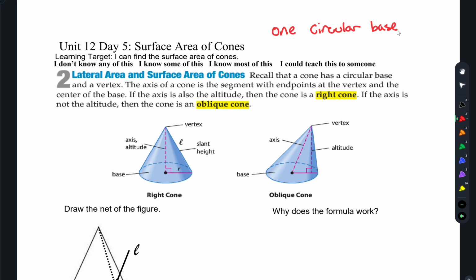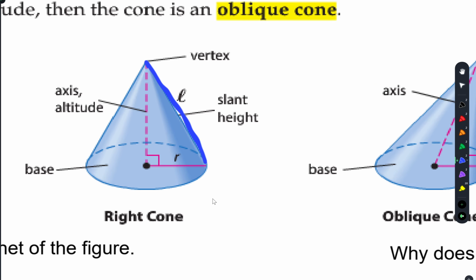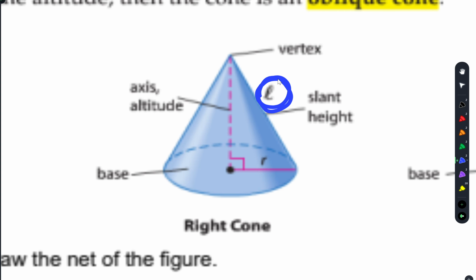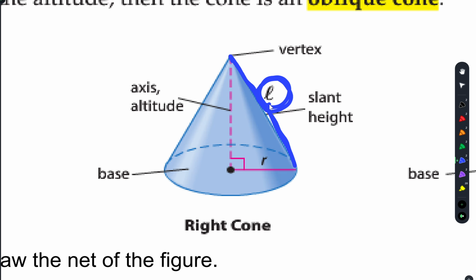Remember that when we talked about pyramids, we also introduced the idea of a slant height, which is different from our regular height. We are going to see both things, but our formula for pyramids and thusly cones will use this slant height as opposed to the regular perpendicular height, which we often refer to as an altitude.